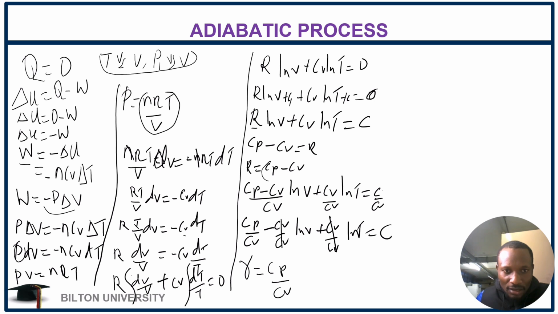Instead of writing Cp over Cv, we can write it as gamma.